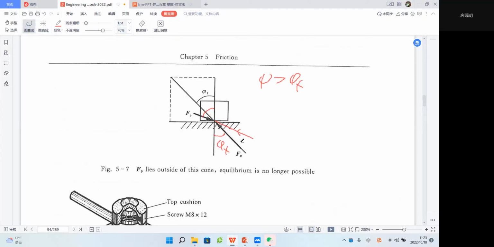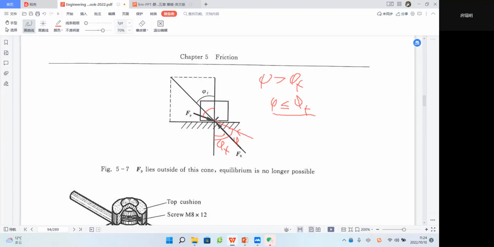If this applied, then our intersect angle would be this. But it is not true, because we require this phi to always be less than or equal to phi F. This will not apply, so it's not reality. That means the maximum angle of friction is phi F. So this is the limiting direction FR can be. It cannot rotate along this direction to try to offset this FP.